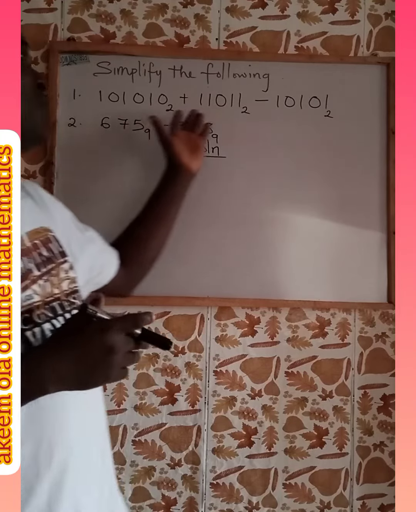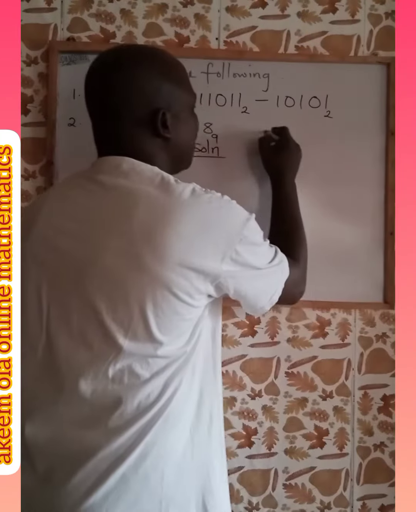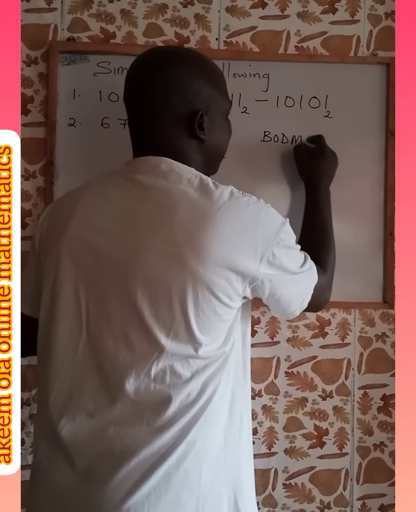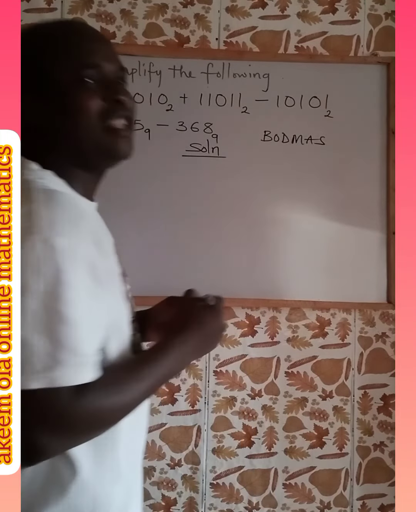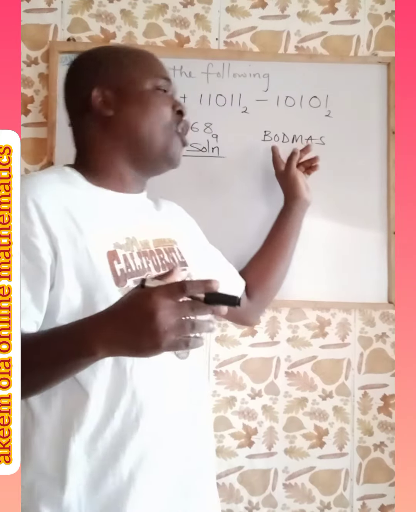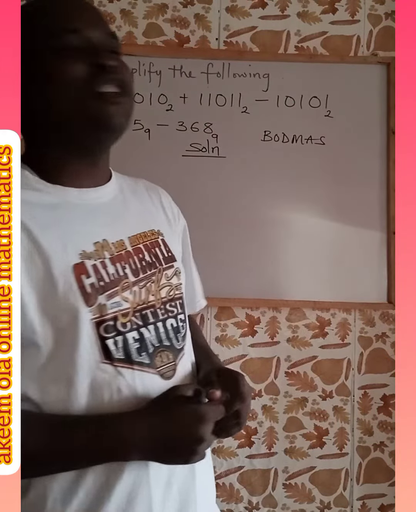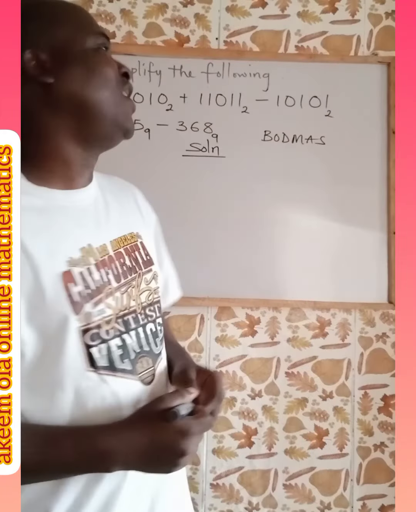Anytime you are given something like this to do, you have to consider what is called BODMAS: B for bracket, O for of, D for division, M for multiplication, A for addition, and S for subtraction.